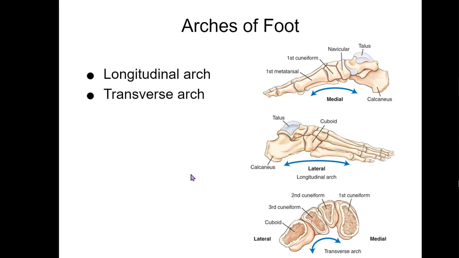The longitudinal arch is important to us because the metatarsals sit at an angle to the image receptor because of this arch. And so because the metatarsals sit at an angle, we have to angle our tube to compensate.